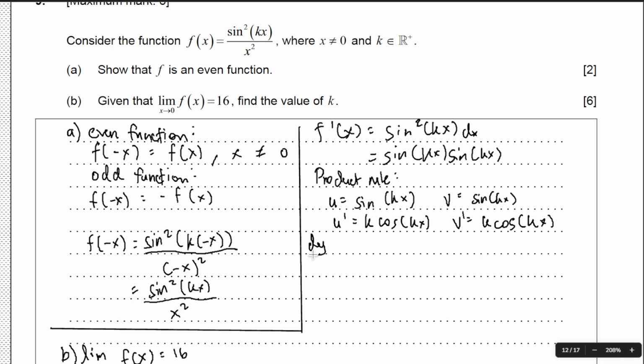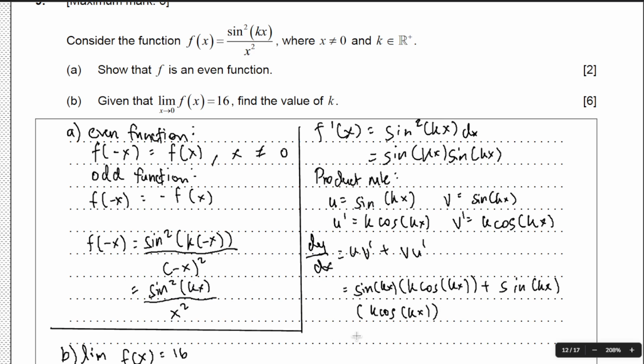And here our dy/dx would be u v' plus v u'. If you don't know what u' or v' is, it's practically the same as dy/du or du/dx. And here it would be sine kx multiplied with k cos kx, and it would practically be the same as this here as well, times k cos kx.